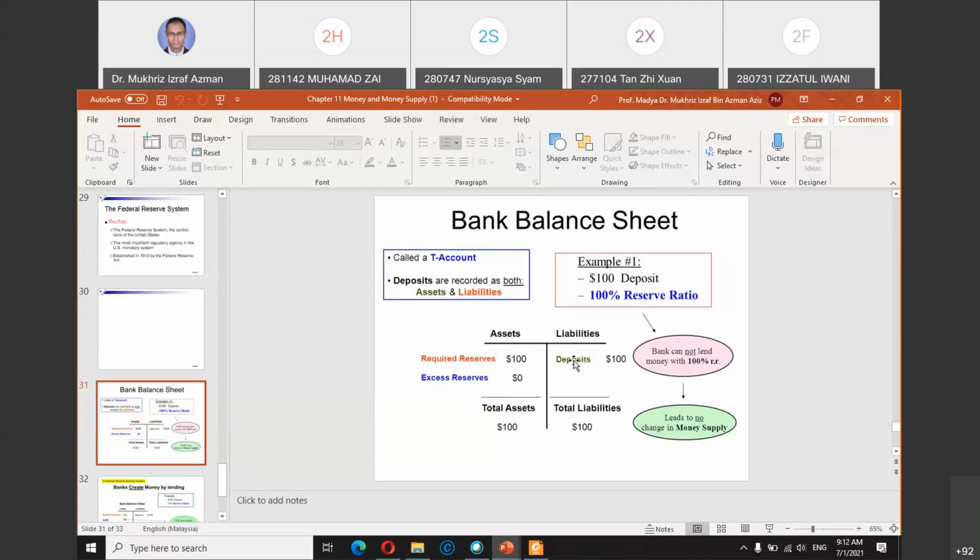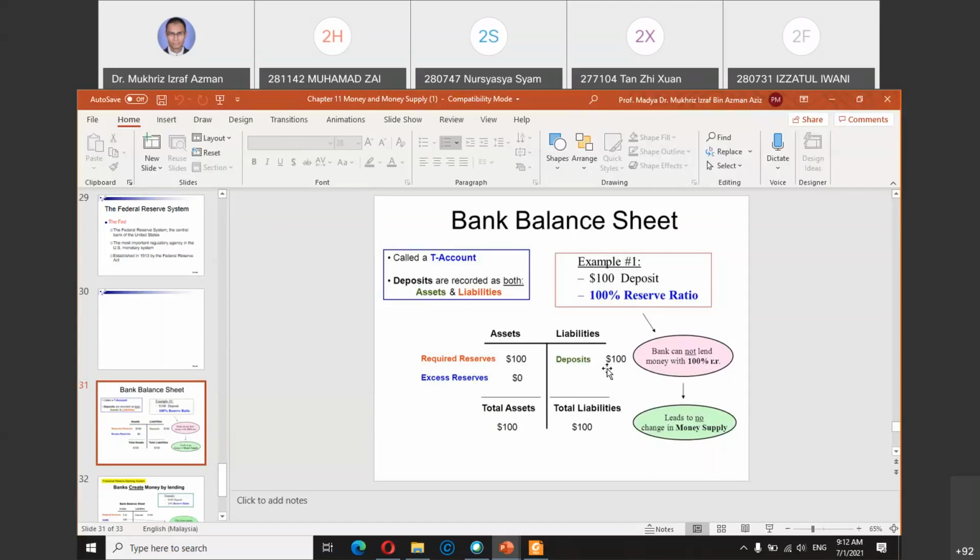Their asset is the loan that people make. So if you go to the bank to make a car loan, because you want to buy a car, or a house, or you want a personal loan, the loan that the bank gives you will appear as an asset in the bank's balance sheet. And the liability is the money they receive from people as deposits.